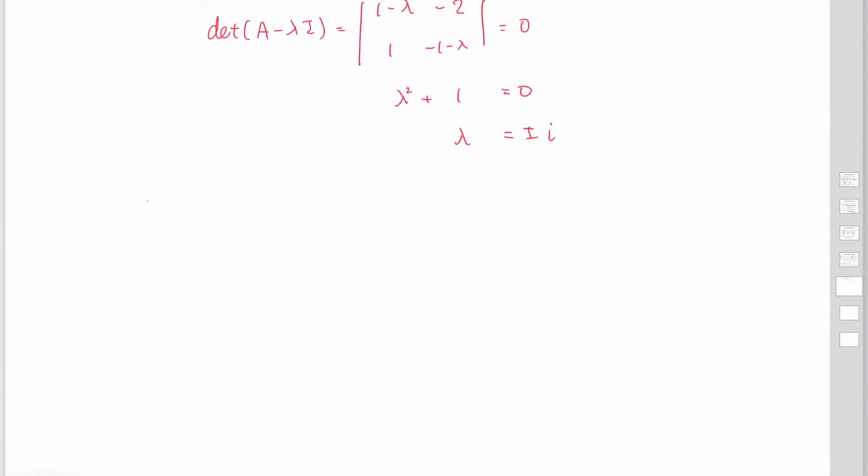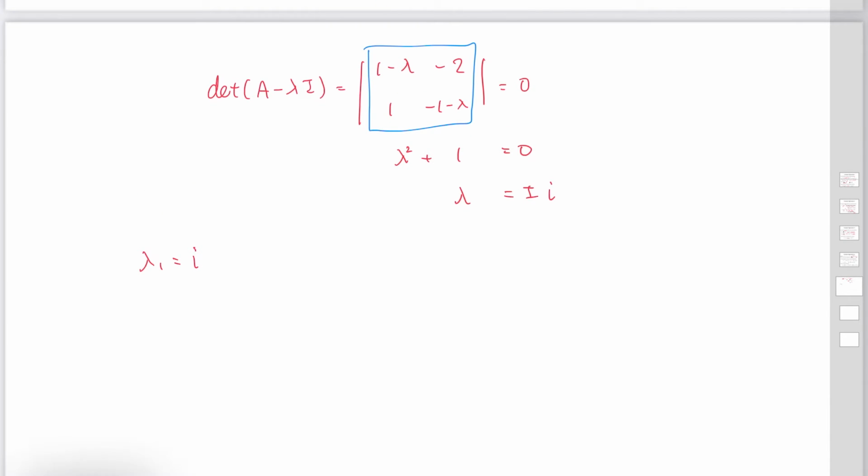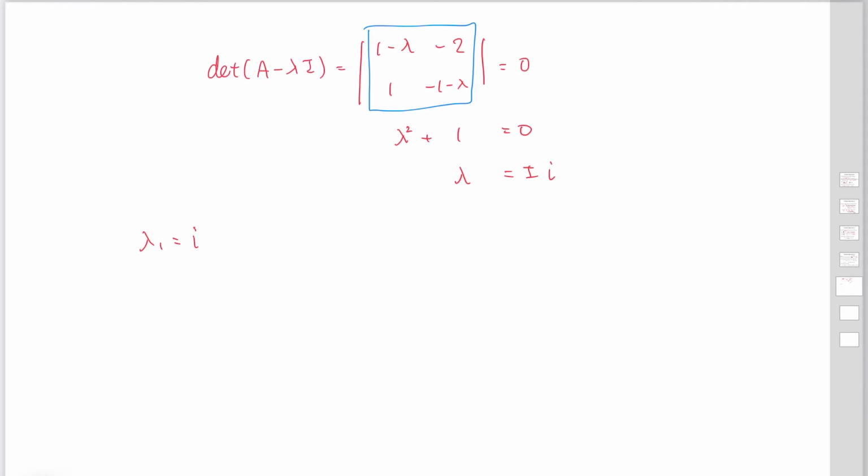For lambda sub 1 equals i, we'd like to find the corresponding eigenvector. By substituting i into this, we build the equation for k sub 1. It becomes 1 minus i, minus 2, 1, minus 1 minus i, times k sub 1 equals 0. To satisfy this equation, we find that k sub 1 is 2, 1 minus i.